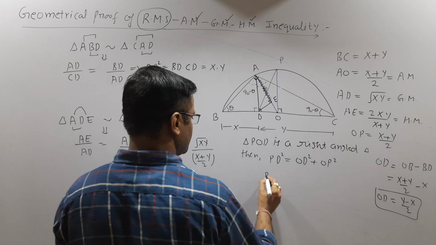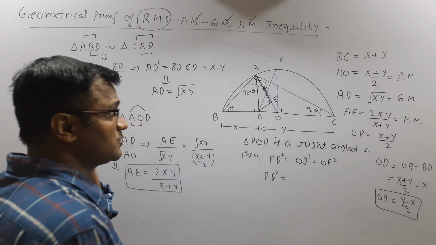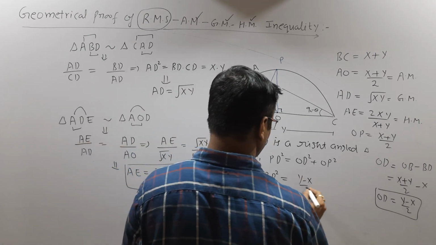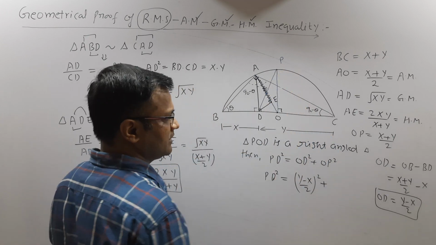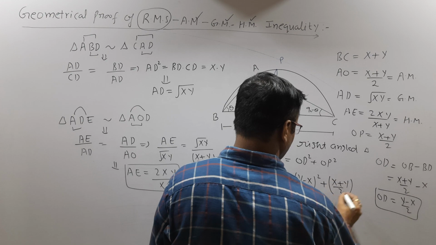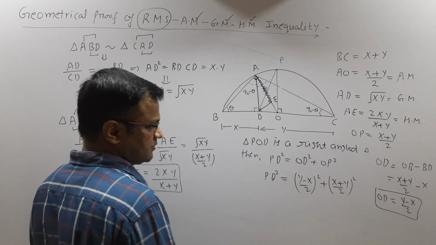So use this information over here. I can write PD square equals OD square, which is clearly ((y minus x) by 2) whole square, plus OP square. OP is again a radius of the circle, that is ((x plus y) upon 2) whole square. This becomes x square plus y square minus 2xy.